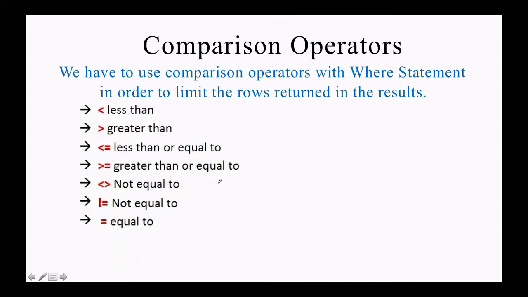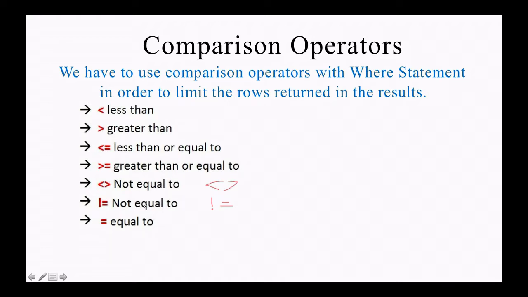Either you can use two signs, a less than and a greater than, and combine them together, or you can use an exclamation mark right before the equal to sign, and that is going to tell SQL that this is a not equal to.